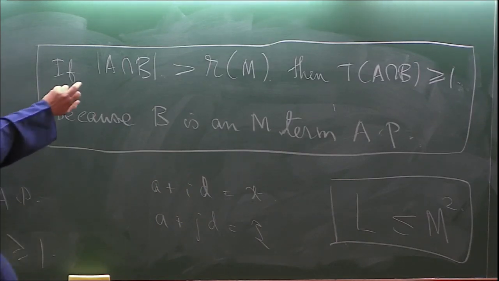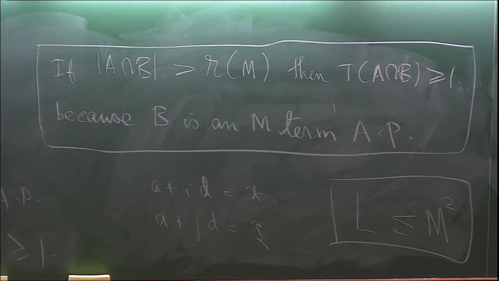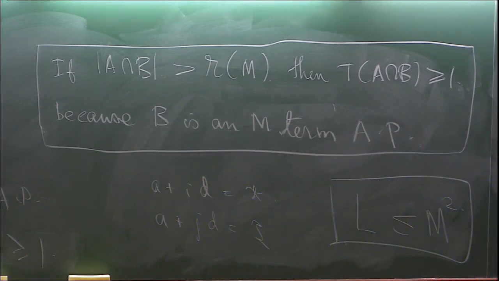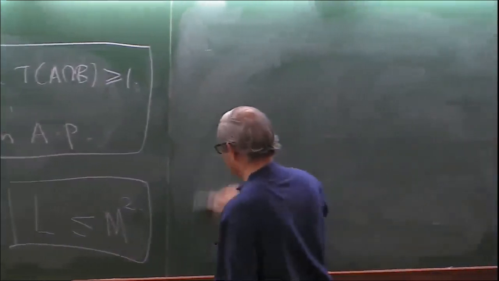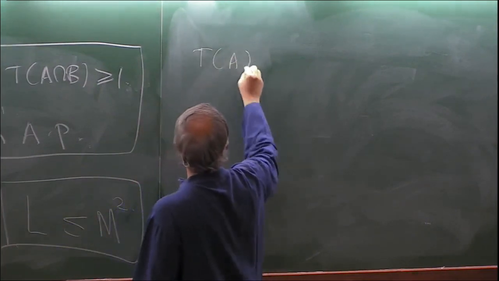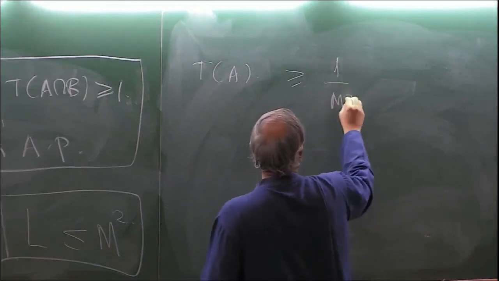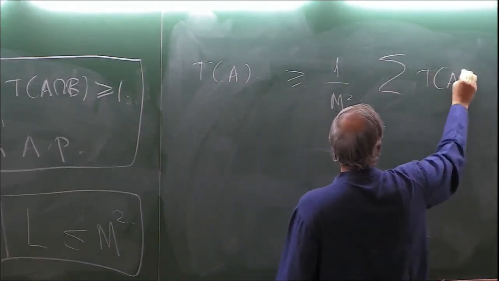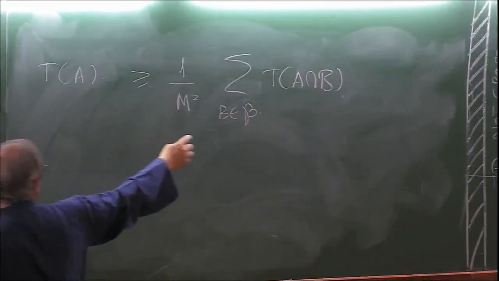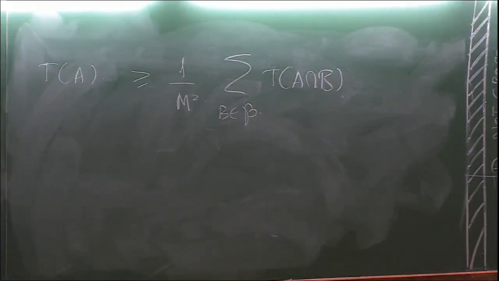So here is the key count. Therefore, you have this sum here, TA, is bigger than or equal to 1 by M square times T of A intersection B, and by what we have said here, this will be bounded below by the number of B's such that A intersection B is bigger than Rm in cardinality.